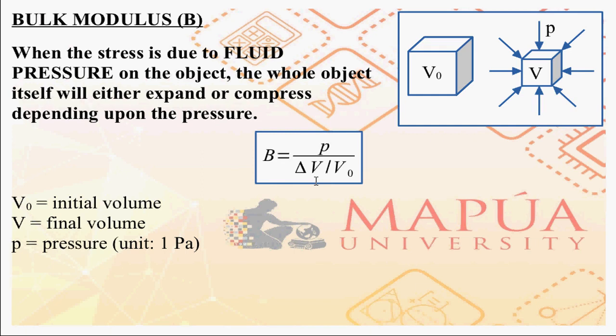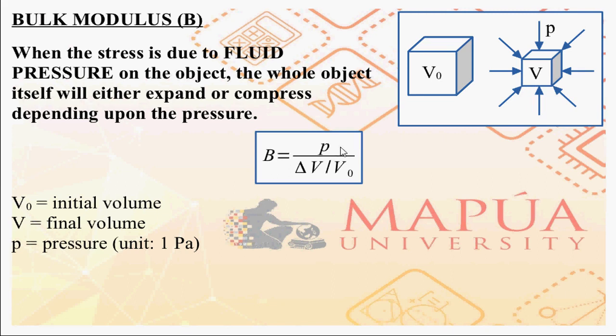Stress is the pressure, the fluid pressure affecting the object. Force applied on the whole surface area of the object results in volume change, initial volume, final volume. So that's stress, pressure, P.